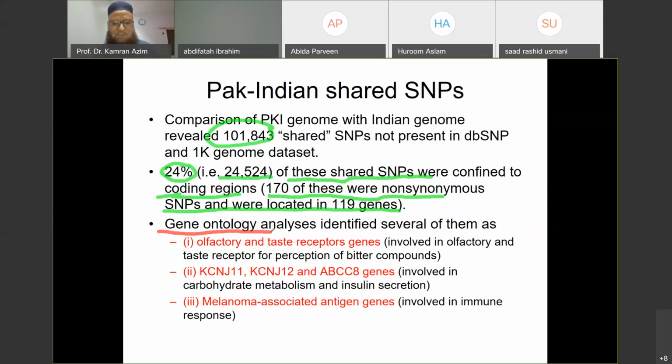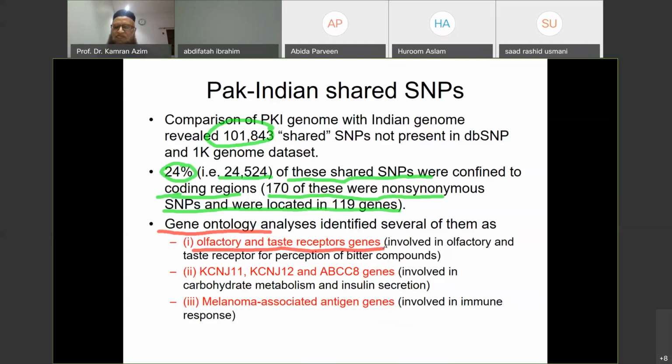On the basis of gene ontology analysis, we found that these 119 genes which contain shared SNPs belong to olfactory and taste receptor genes. They are involved in smelling, and in taste perception of bitter compounds.